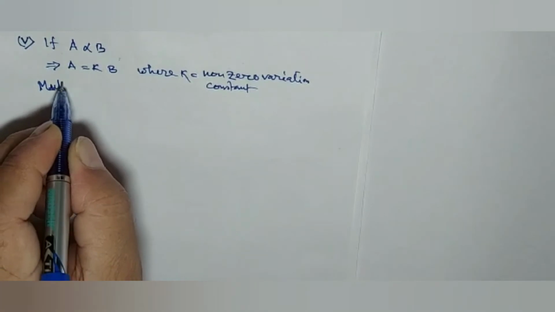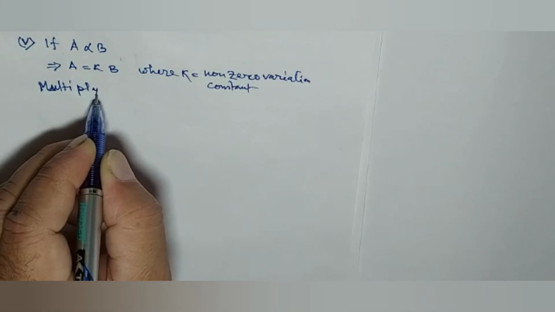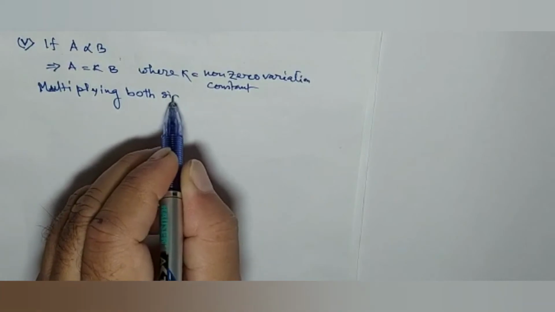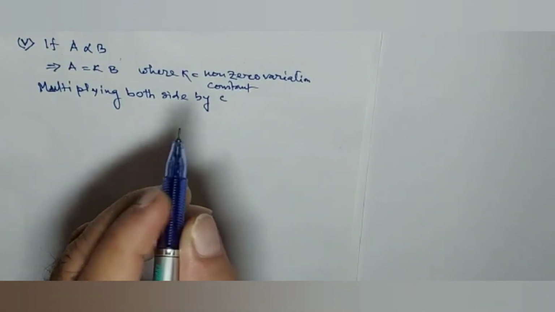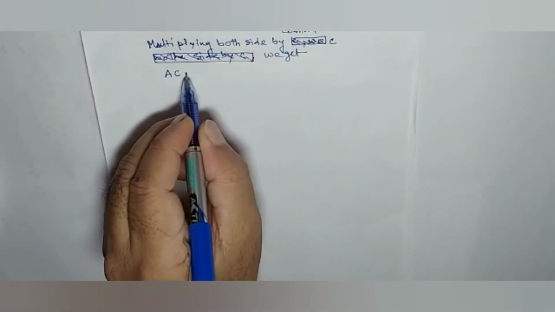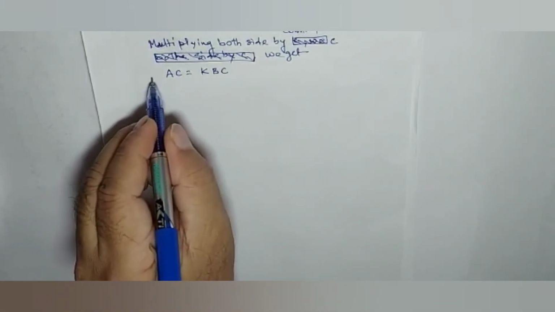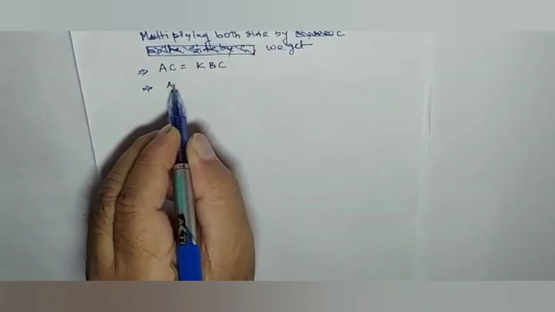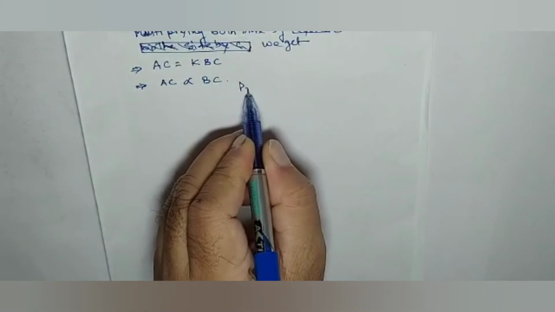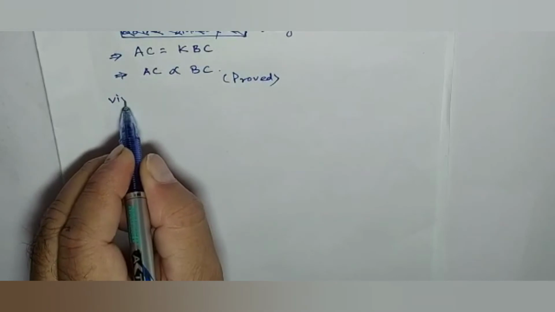Multiplying both sides by C, AC is equal to KBC. That is, AC proportional to BC. Proved.